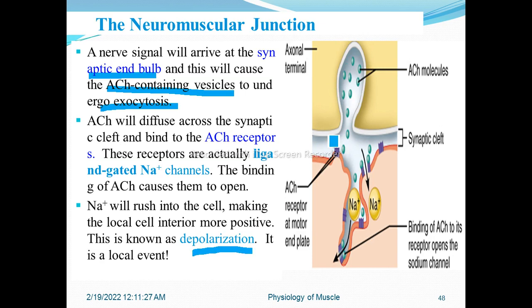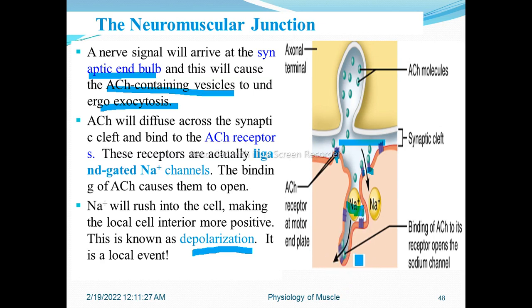As I told you, this is the nerve area, the axon terminal, and these are acetylcholine molecules. They diffuse across the synaptic cleft and reach the acetylcholine receptor. When acetylcholine attaches to the receptor, the sodium channel opens, and sodium rushes inside the cell.